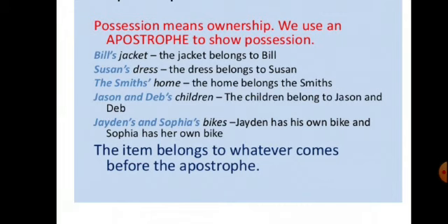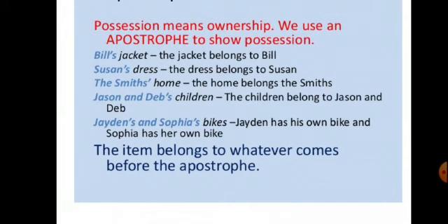So what's the difference between this sentence and the one before? When I say Jason and Deb's children, I mean the children that belong to both parents. It's only one thing that you can't own with another one. Those children belong to the parents, not only to one of them.